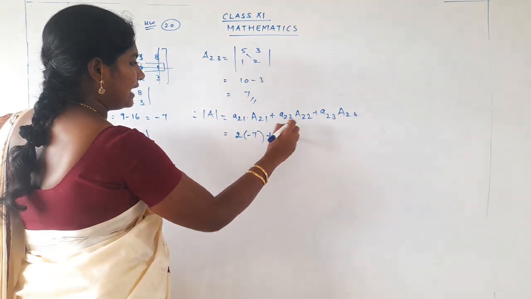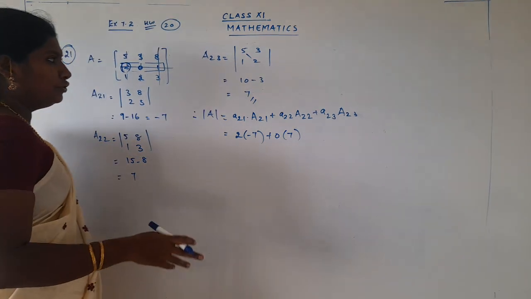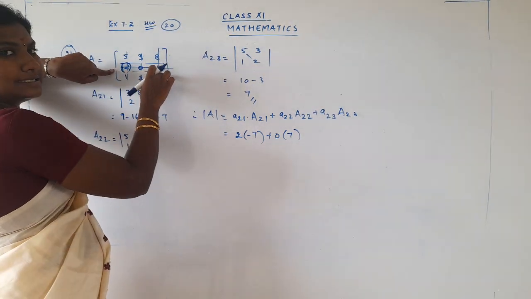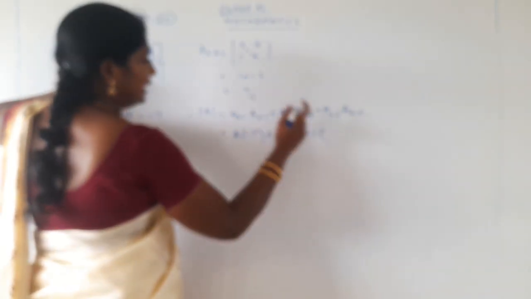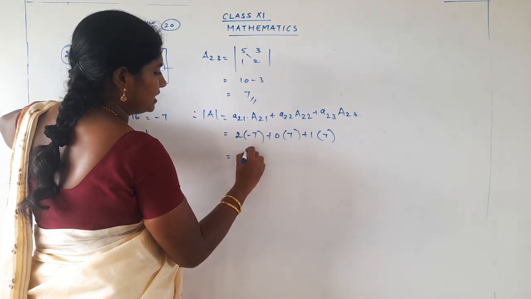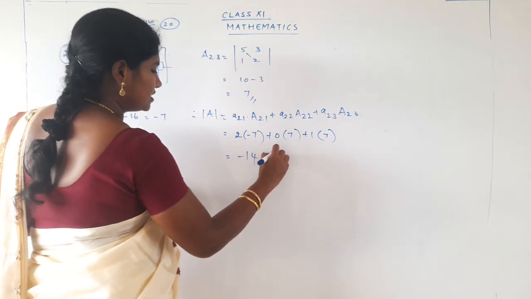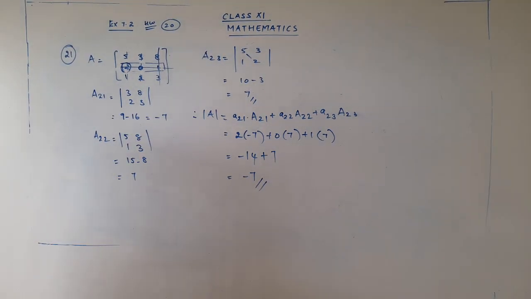So put here 0, and A22 is 7. a23, the second row, third element, is 1. So put here plus 1 into A23 is 7. So this is equal to minus 14. 0 into anything will give you 0 and 7 into 1 gives you 7. This is minus 7. So we have found the answer for determinant of A, that is minus 7.